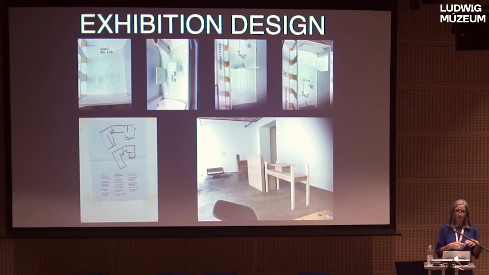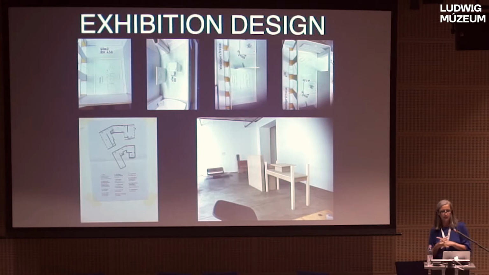Besides the financial questions, of course, which are always a menace, you have to really deal with the idea that the exhibition should be something unique in itself, which has its own aesthetics, but it has to give room and place to the artworks, of course.